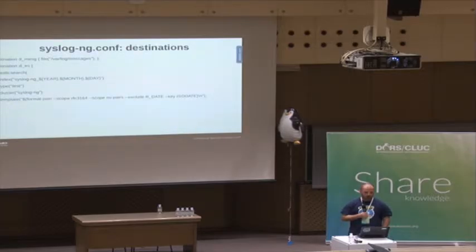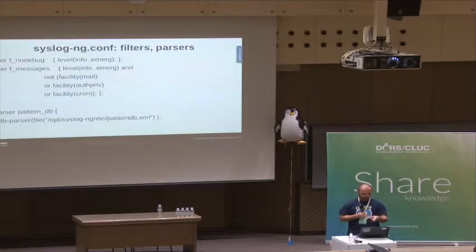Here come two destinations. The first one is a traditional file-based destination of var log messages. The next one is for Elasticsearch, and using this configuration, you can easily analyze your log messages using Kibana. Here come some filter and parser declarations.